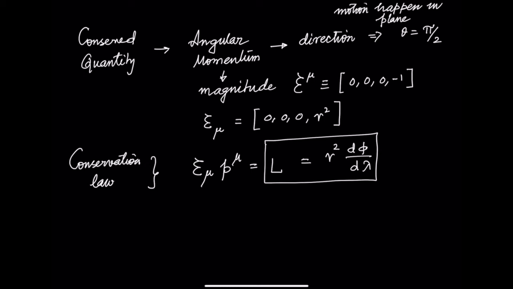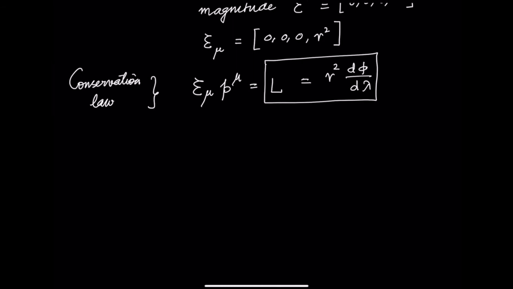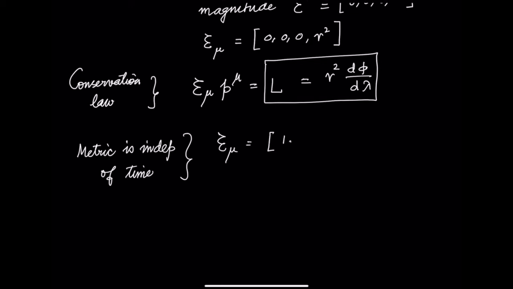What else do I have? Well, remember, it's a static metric. So another conserved quantity comes from the metric being independent of time. So the other Killing vector will be a time-like Killing vector. So let me just write it down.